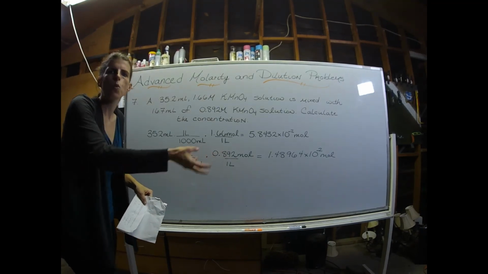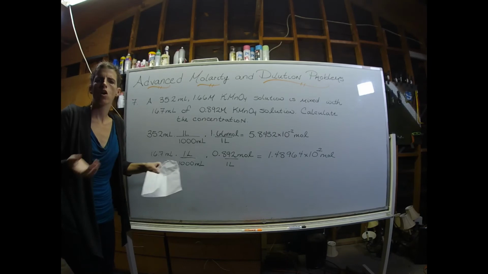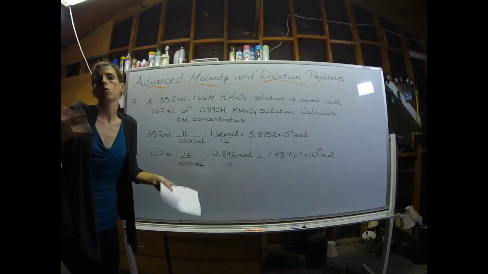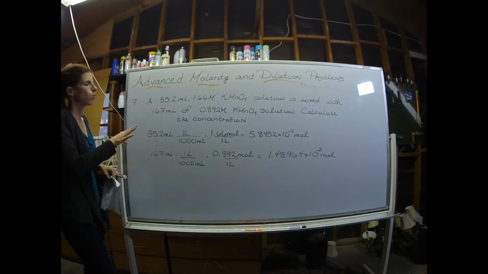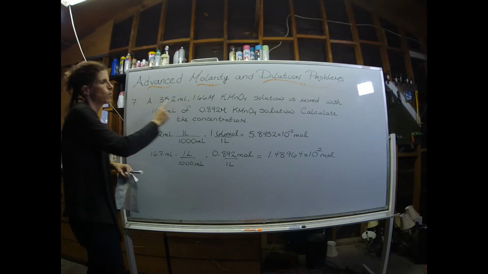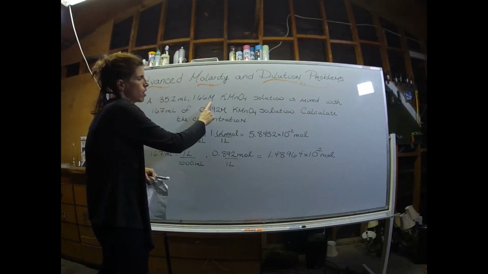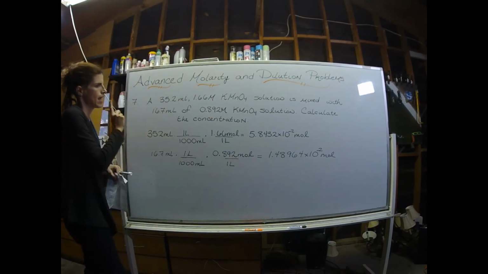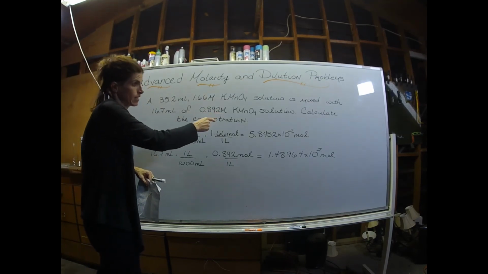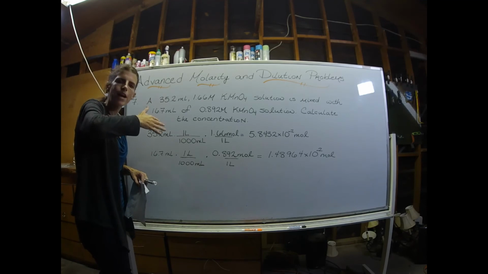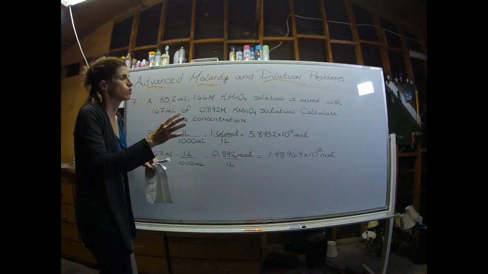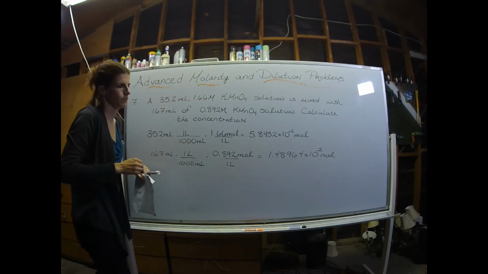One batch is too weak, one batch is too strong. So if I mix it all together, maybe the mixture will be just right. And so we want to apply the same kind of thought process here. If we have 1.66 molar potassium permanganate and 0.892 molar potassium permanganate, and we combine those 2 solutions, then the concentration of the new solution should be somewhere in between.